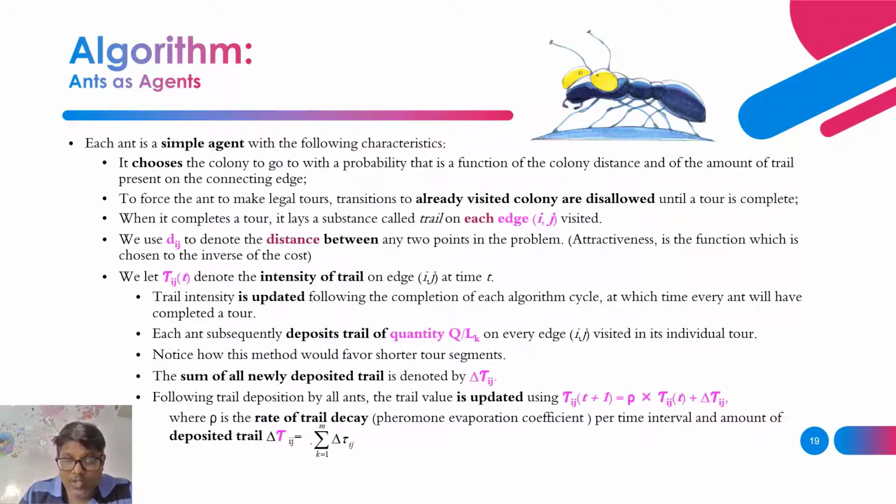If there are m ants, the newly deposited trial is the sum over all the ants of their deposited trial values. All the ants contribute towards this.